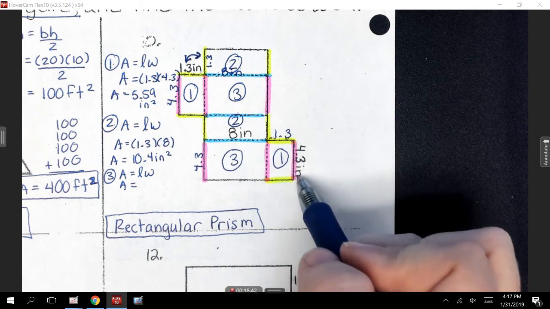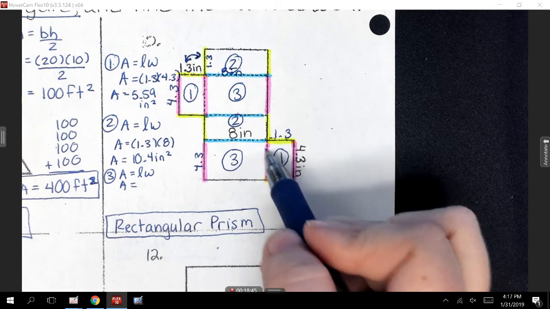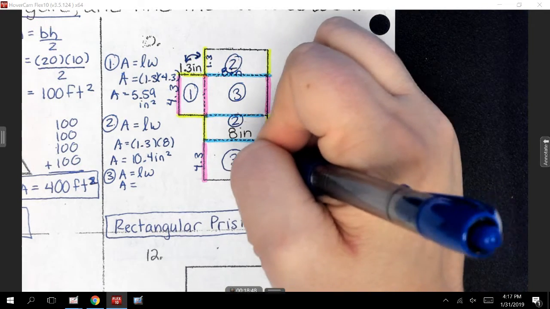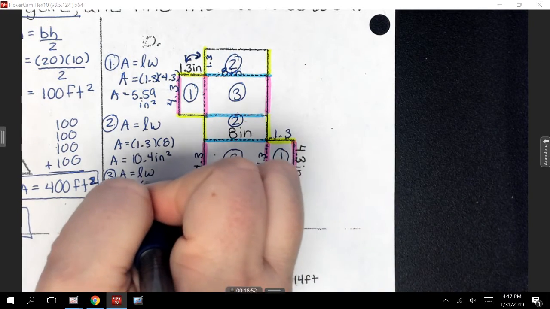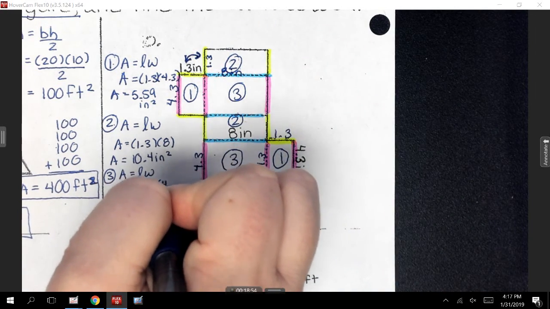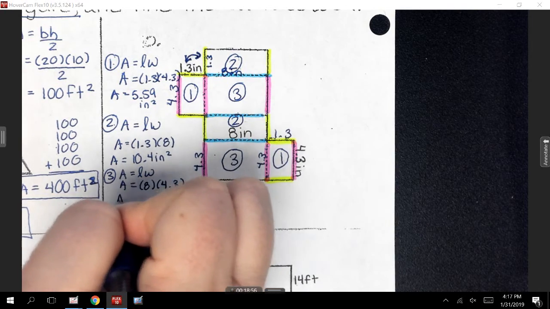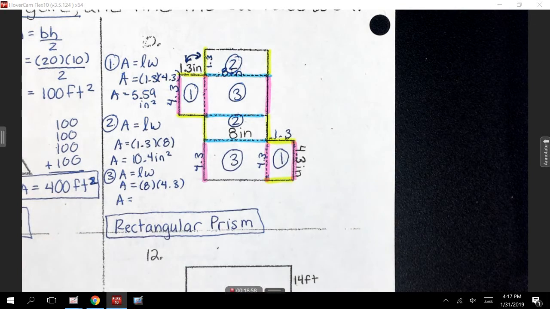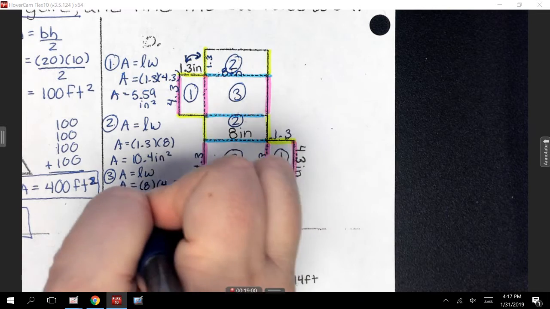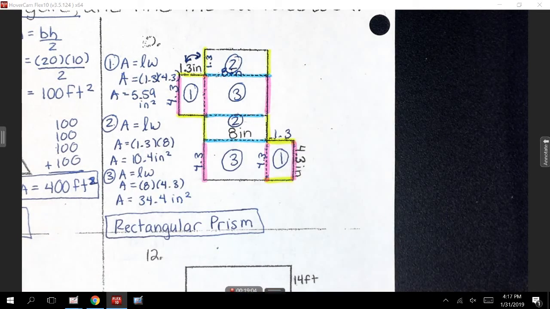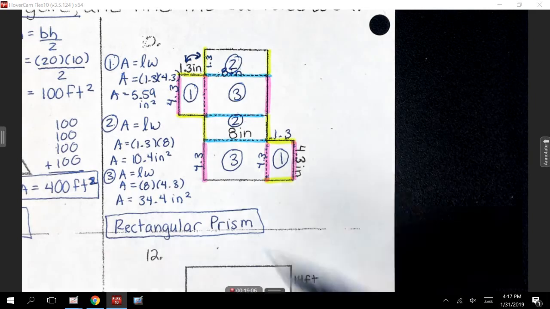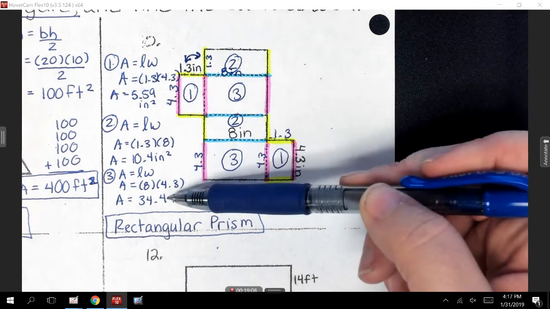That 4.3 would carry over to this side, so it would also be on this larger rectangle as well. So I'm going to use 8 times 4.3, or again, you can do 4.3 times 8. It does not matter. A equals 8 times 4.3 is going to give me 34.4 inches squared.